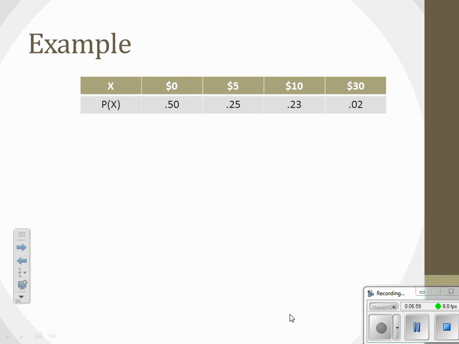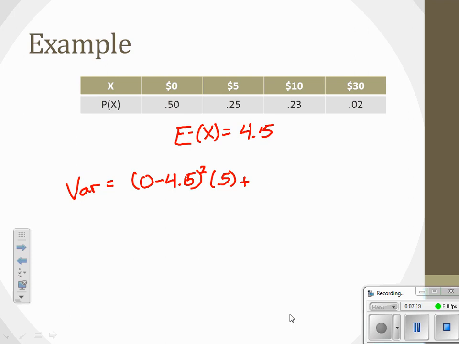So the variance for us, recall that the average winning was $4.15. So our variance was, we take that observation, 0 minus 4.15 squared. We multiply that by the probability. And then we take the $5, subtract the expected value. This is the distance from the mean.